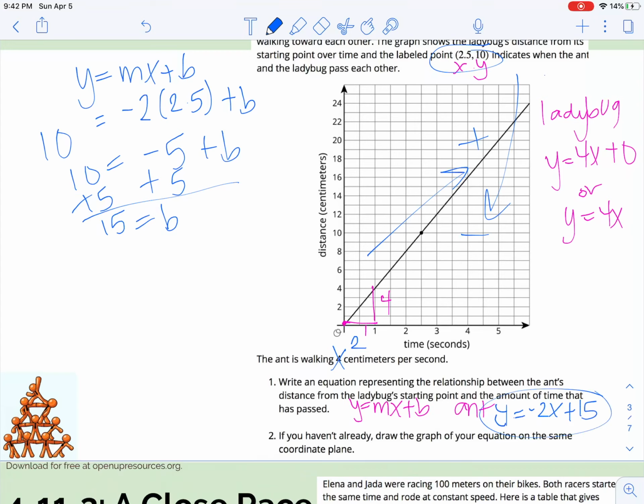And it wants you to draw a graph of the equation. So we could start at 15. So we can draw a point at 15 right here. And then the slope is -2, so you go down 2/1, and then you could go down 2/1, down 2/1.